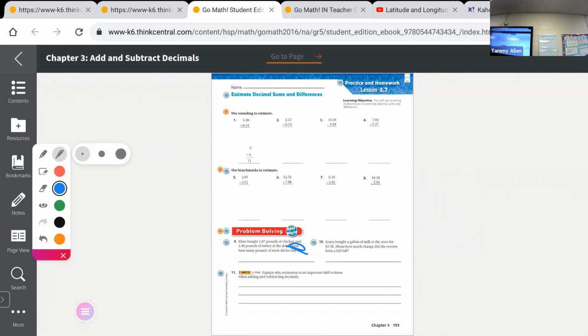Benchmark, 1 and 8700ths. What did you use? I got 187 and I got 2. And for 247, I got 3.